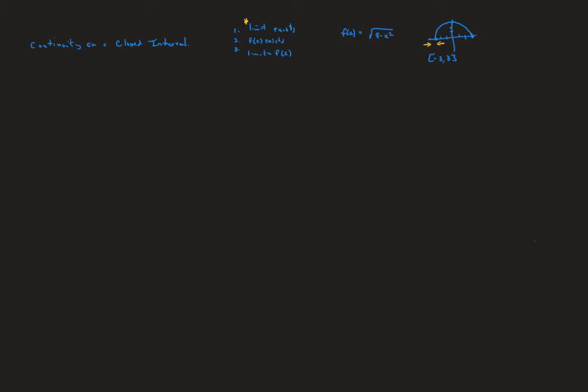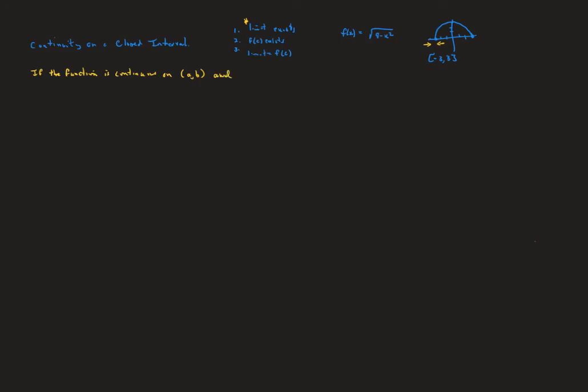So we say that if the function is first of all continuous on the open interval, the function is continuous on the interior, so on the interval from A to B, open interval.